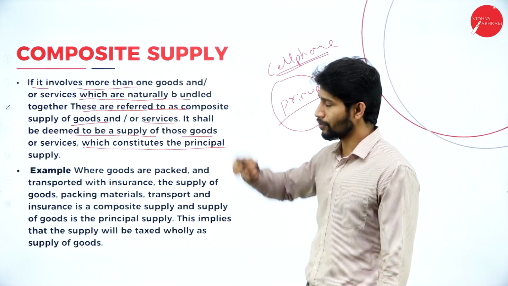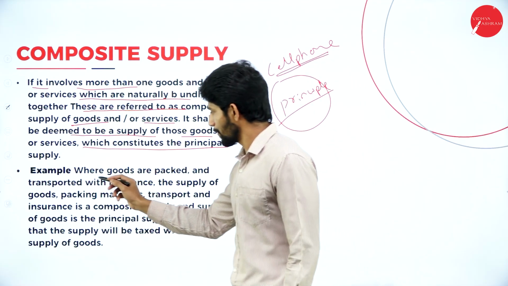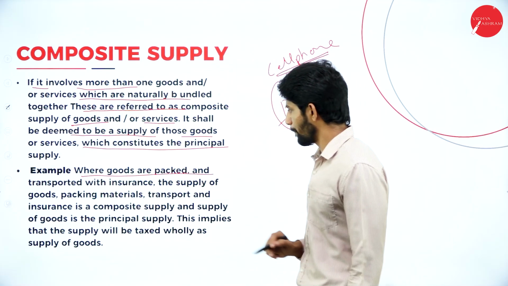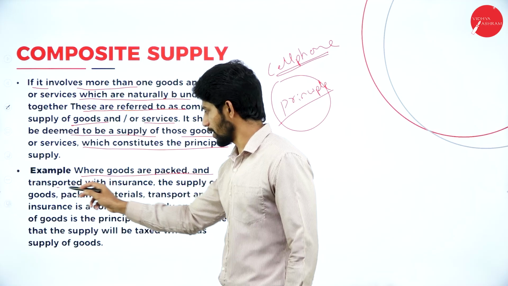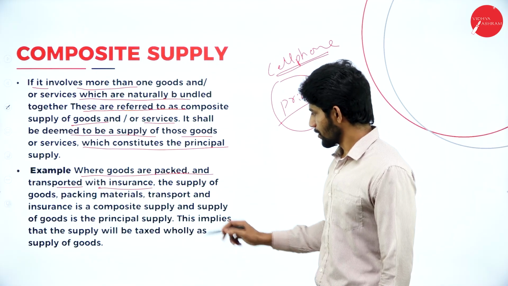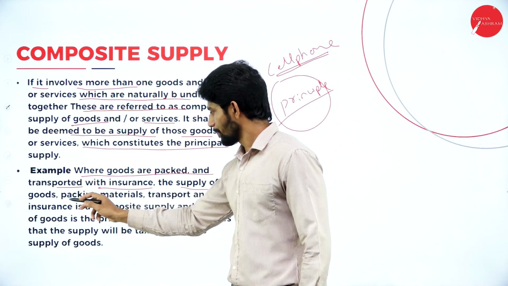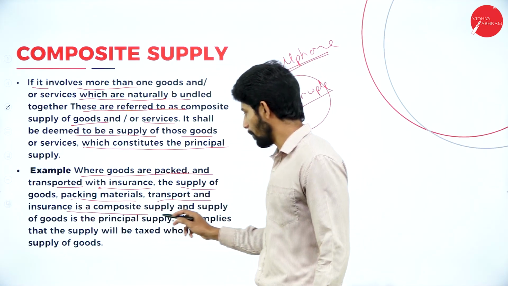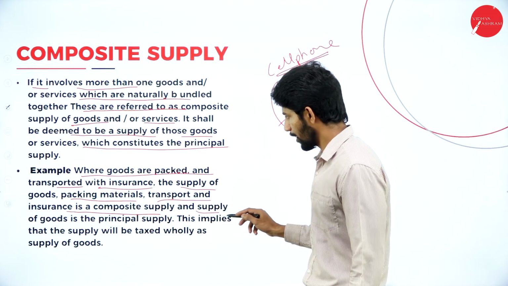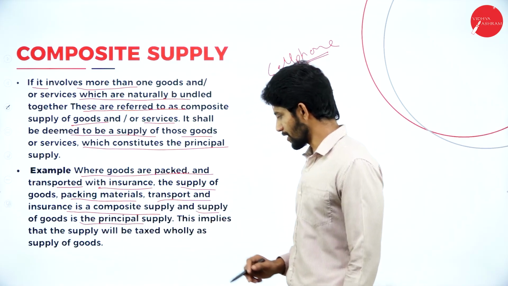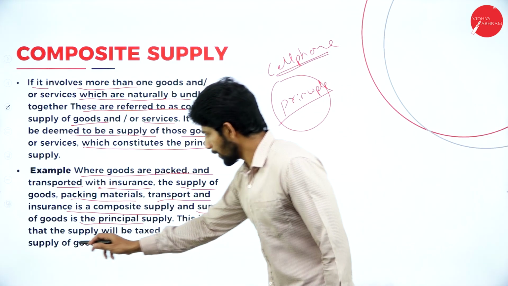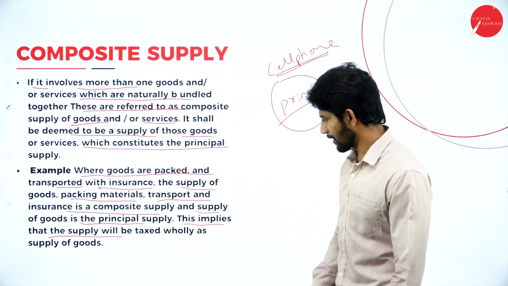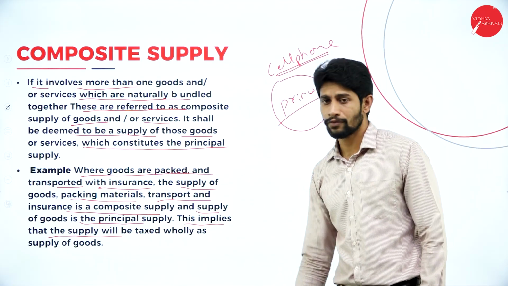That is called composite supply. Another example is where goods are packed and transported with insurance. The supply of goods, packing materials, transport and insurance is a composite supply, and the supply of goods is the principal supply. This implies that the supply will be taxed only as a supply of goods.